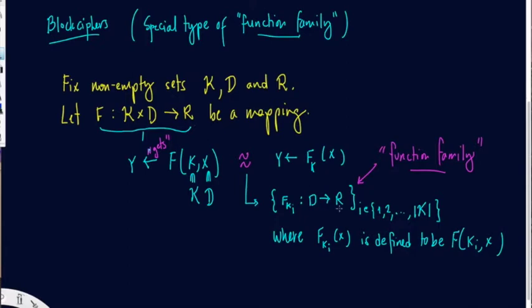I hope that's reasonably clear, that these two alternative ways of thinking about this functional object here is either a two-input function or as a set of functions, that set being indexed by this value k. We'll usually use this latter representation when we talk about function families. We'll write things like this, but then we'll just say it's a function family. And when we say it's a function family, we mean that we think of this object as a set indexed by this first element.